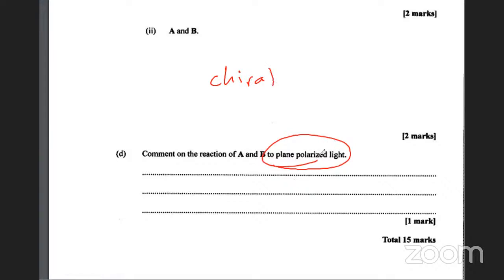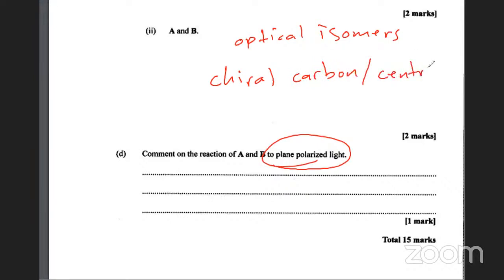Plane polarized light, it is referring to optical isomers. Remember, optical isomers rotate the plane of polarized light. Optical isomers must have a chiral carbon, or we say a chiral center.